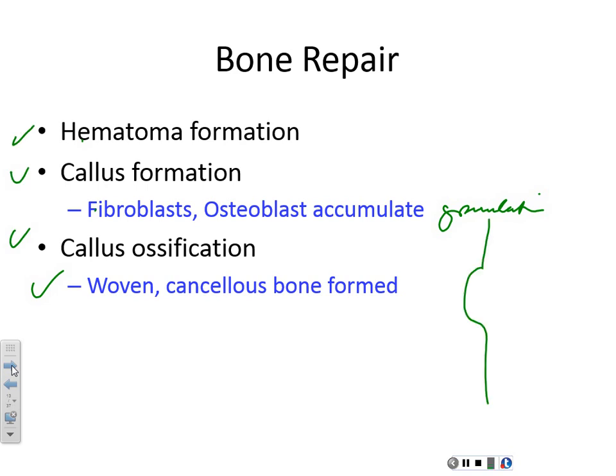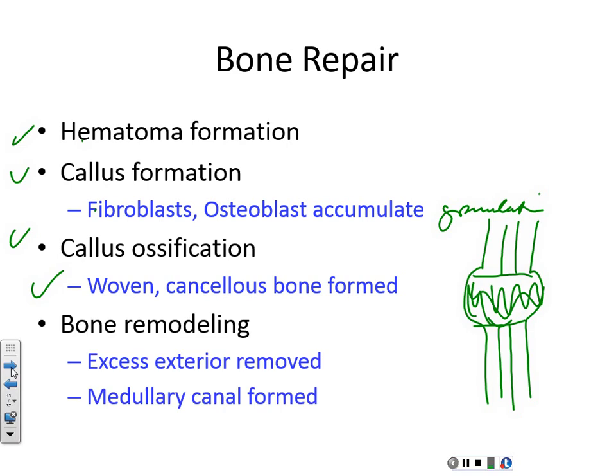This is how you form additional external covering of the bone to protect the injured sites, the healing sites, right? And then the callus, all this becomes ossified, right? It just grows through. And then we've got a breakage in our medullary cavity, right? So we've laid down the bone, and then the last step we remodel it, okay?